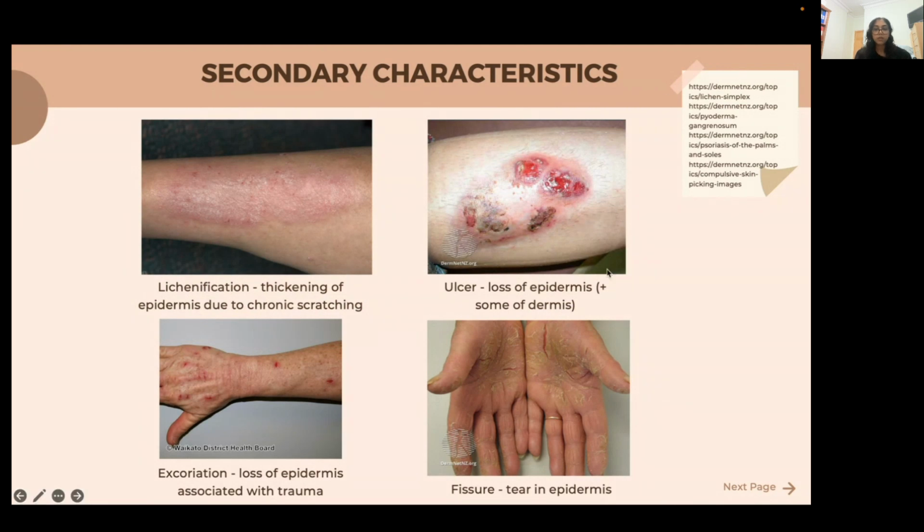An ulcer is when there's loss of the epidermis and sometimes of the dermis as well. Excoriation is loss of the epidermis associated with trauma. And then a fissure, like you can see here, is a tear in the epidermis.